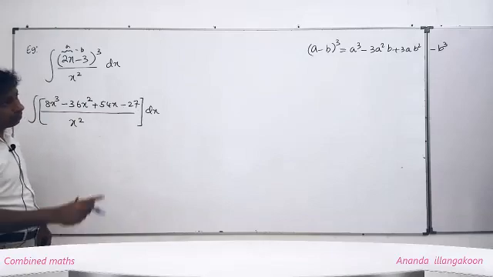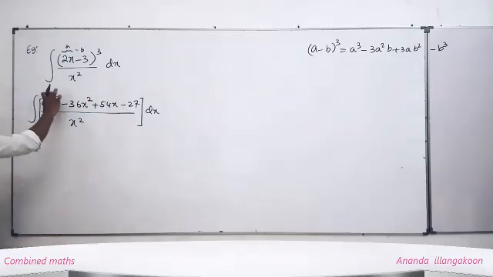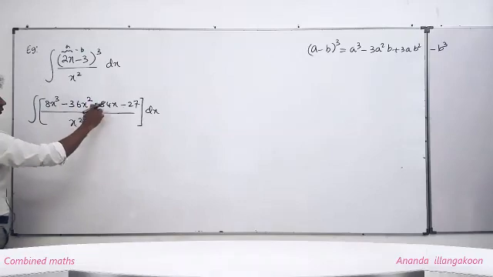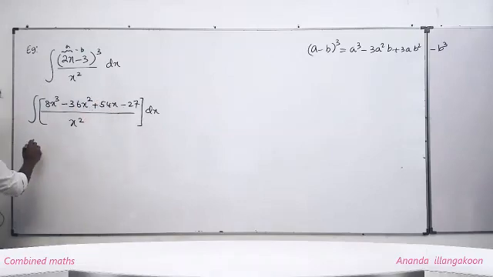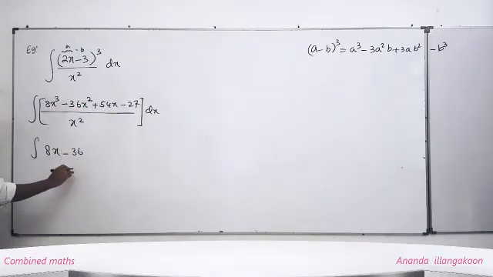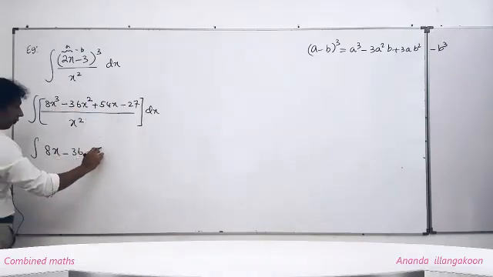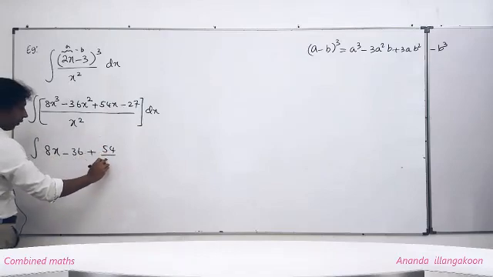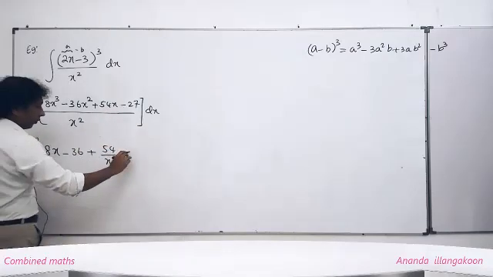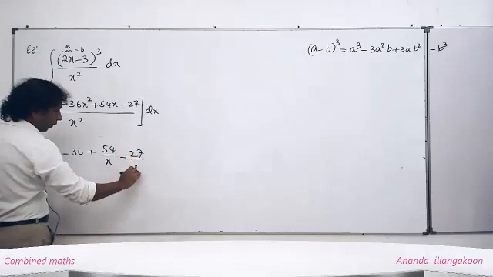Right. That one I used. Now divide this by this, this by this, this by this, this by this. So what do you get? 8x minus 36, this one 54 by x, this is 27 by x squared.